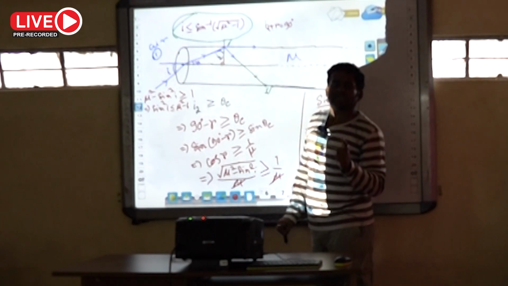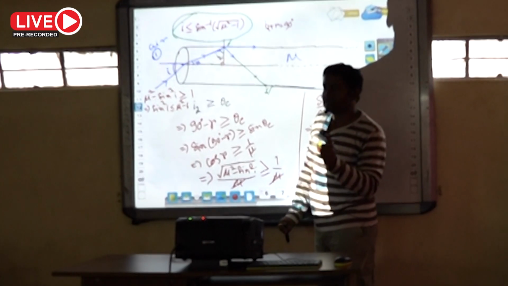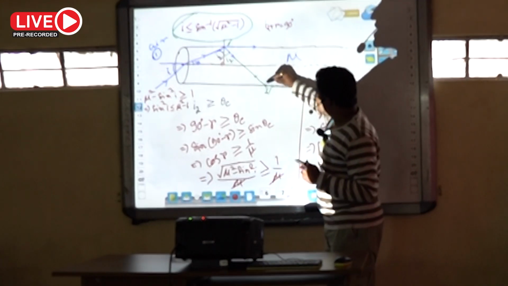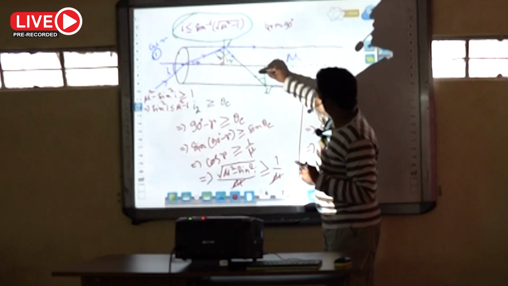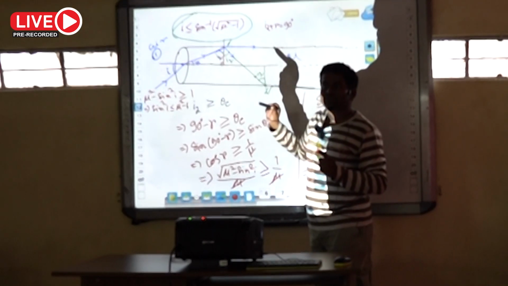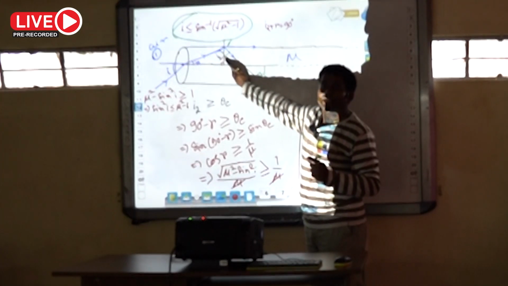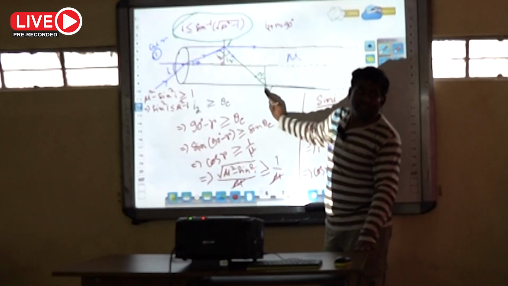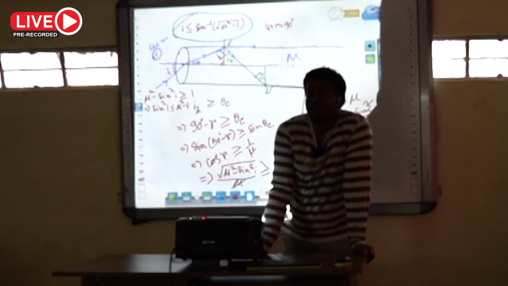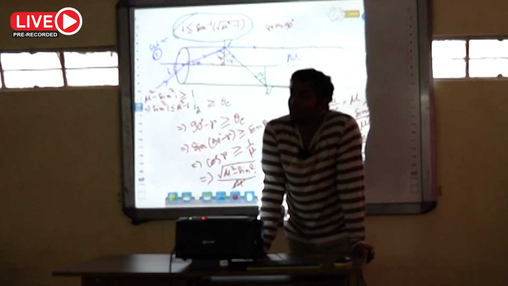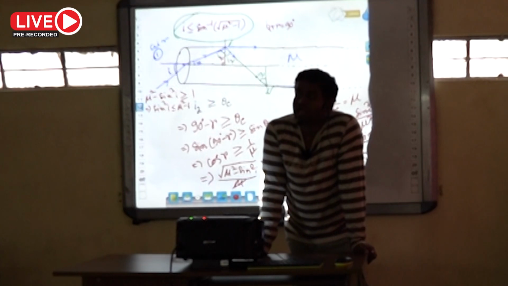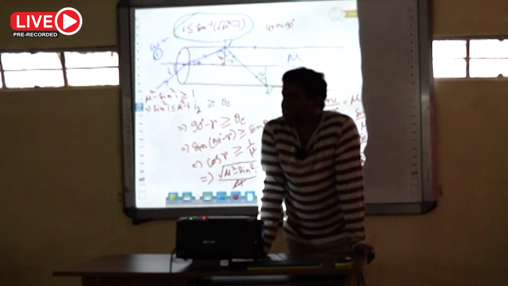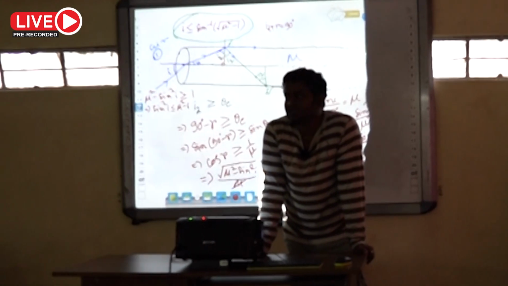And in total internal reflection, the law of reflection is obeyed, so this angle should be I2. Then the light ray will strike here, but due to alternate angles, this angle is again I2. Once I2 is greater than the critical angle, then for all encounters with the cylindrical surface, the angle of incidence is greater than the critical angle. So everywhere it strikes at an angle greater than the critical angle. As a result, it cannot come out. It is trapped forever.